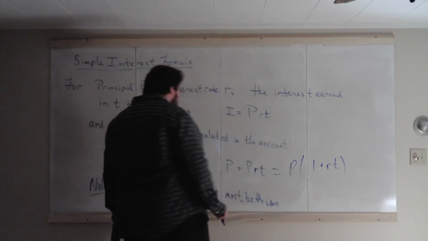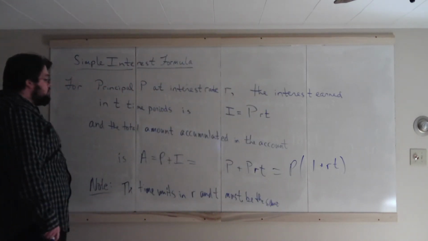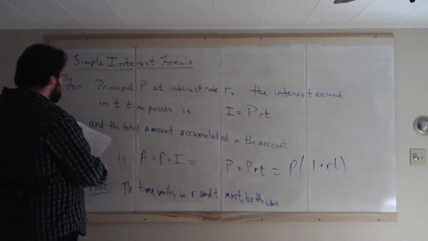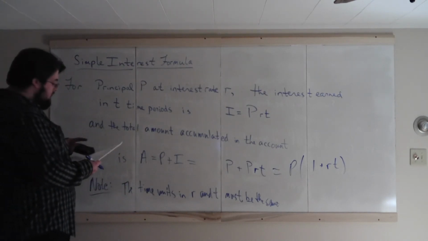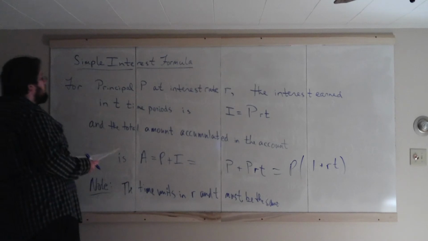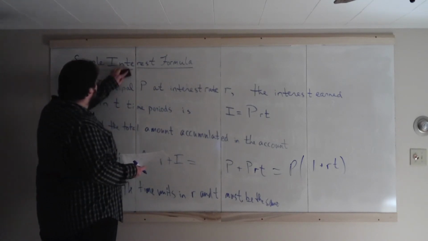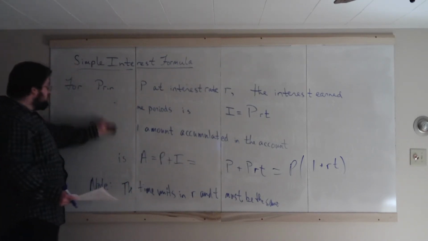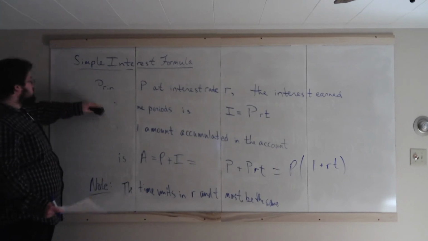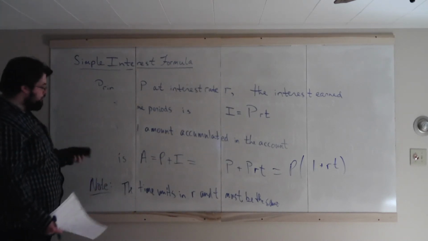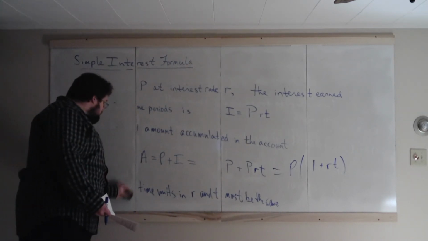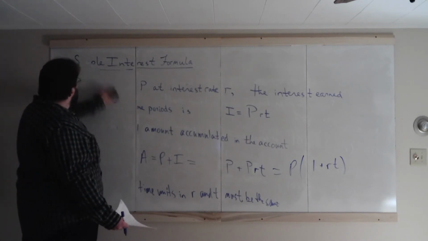So R is a rate, so there's a time involved. The time in R and T must be the same. And in the example with the monthly interest earned, we did make sure that the units were the same. We turned everything into months.